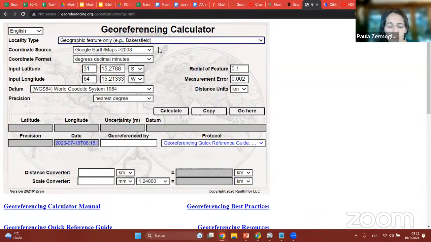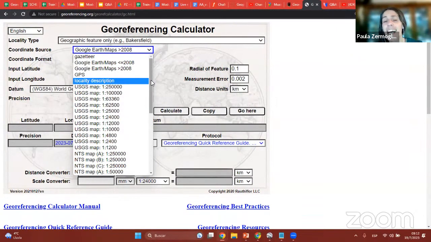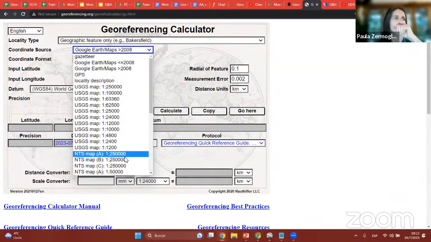the coordinates. If we chose here other maps, these maps will also have uncertainties associated that have to do, for example, with the scale that the map has. So if we choose a map that has a very large scale, meaning that we're representing a very big space in a small piece of paper, we're not going to be able to see much detail there.